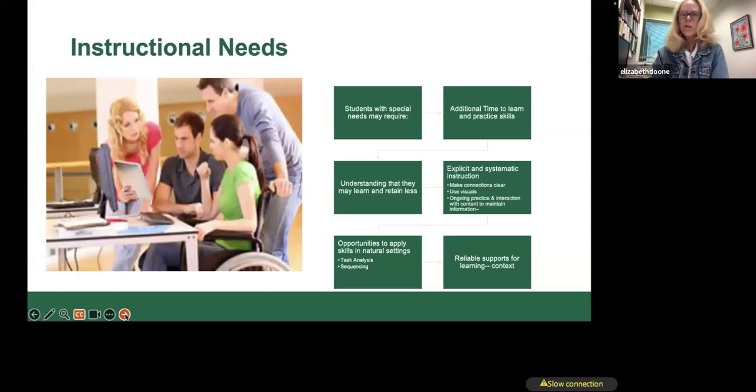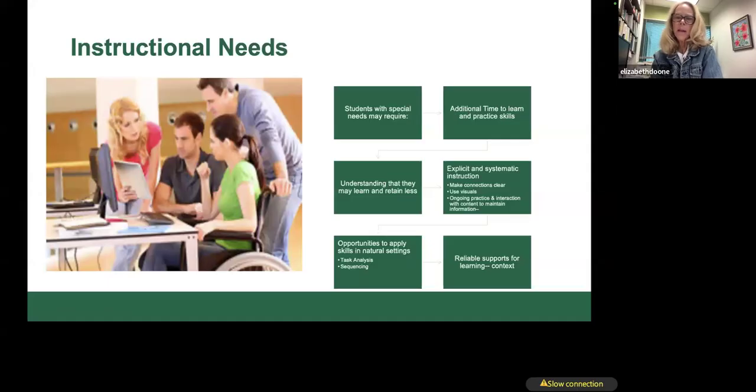So all students have instructional needs. Our students with varying exceptionalities have needs that also should be considered. Our students with special needs may require additional time, not only to learn, but to practice. Do we build opportunity to practice within our lesson plans?